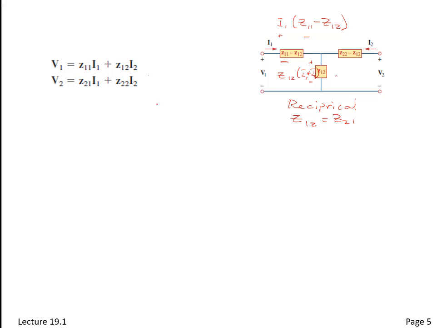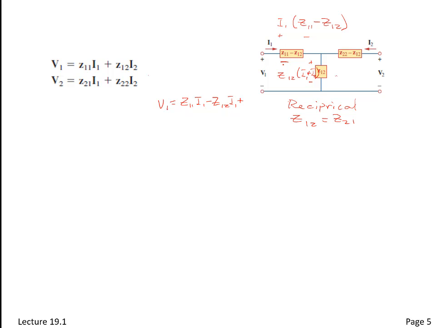If I complete that loop, V1 is equal to Z11 I1 minus Z12 I1, minus, did I write that right? Oh no, it's equal to Z11 minus that, plus. I'm doing it as equal; I'm not writing this equal to 0. I'm saying this voltage is equal to the sum of these two voltages.